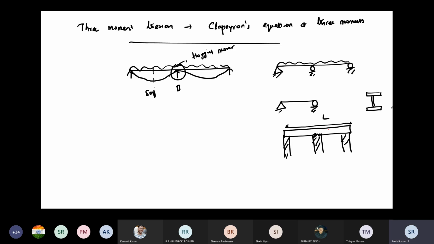A steel beam. You know that, right? You might have some idea from basic civil engineering, the introduction to civil engineering. Do you know what an I section is? What is an I beam? What is a channel section?